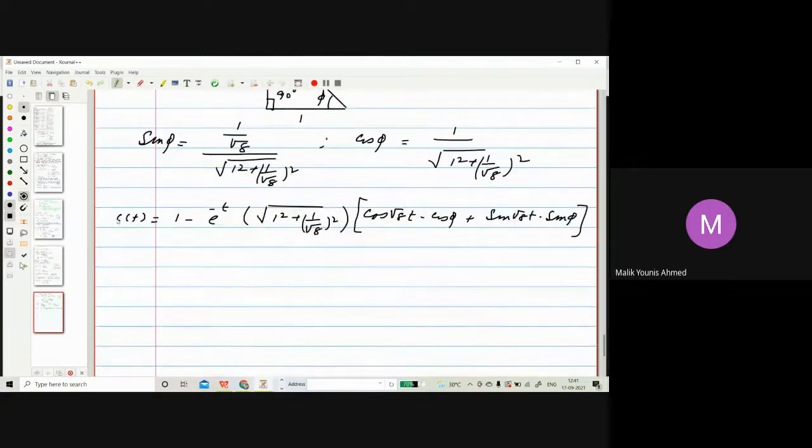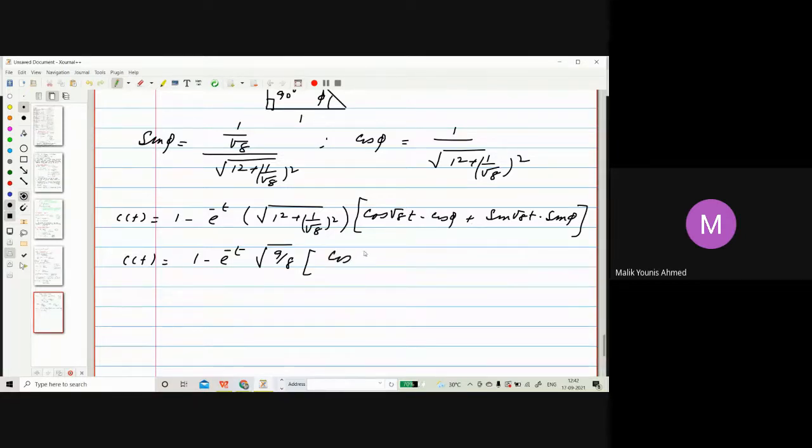Okay. So c(t) will be 1 minus e to the power of minus t under root of 9 by 8. So this will be 8, 8 plus 1 will be 9. Under root of 9 by 8, we can write it. So cos A cos B plus sin A sin B will be cos(A minus B) formula.